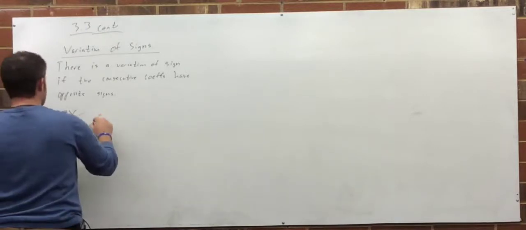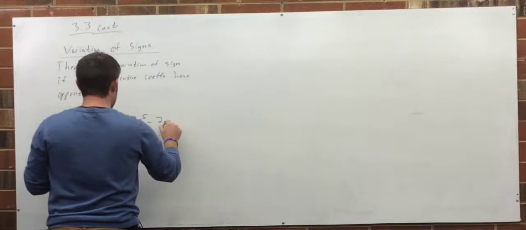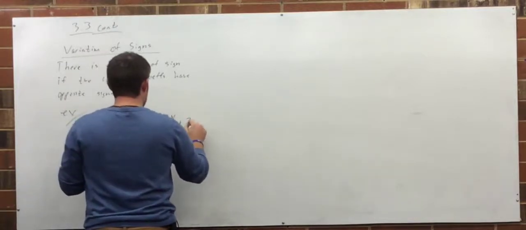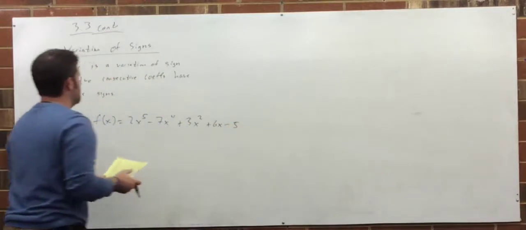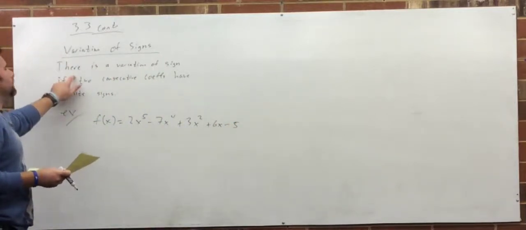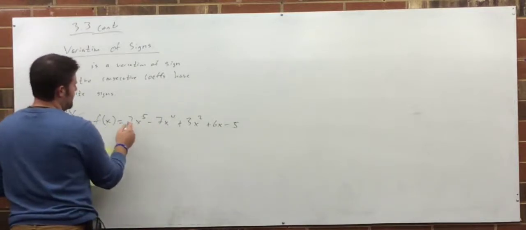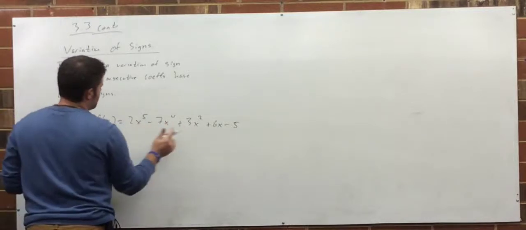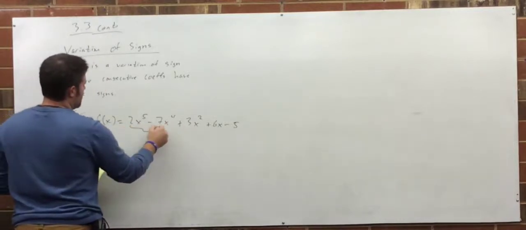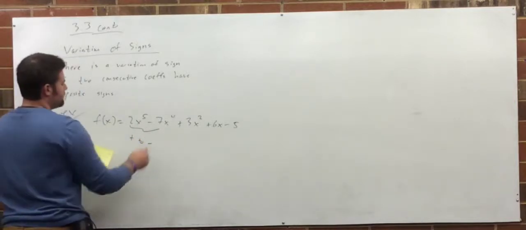Let's say f of x equals 2x to the 5th minus 7x to the 4th plus 3x squared plus 6x minus 5. All the definition is saying is that every time we change signs going from consecutive coefficients, that's a variation. From here to here, we go from positive to negative.